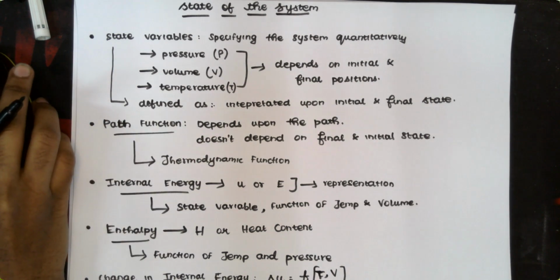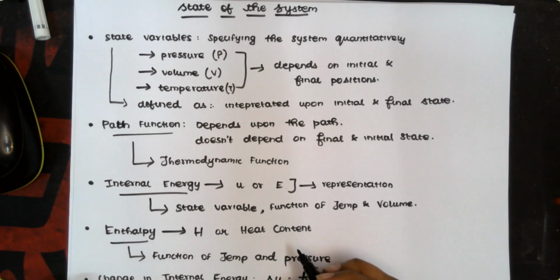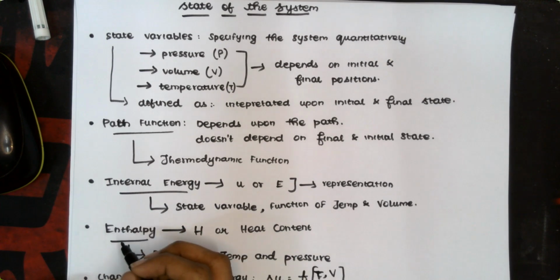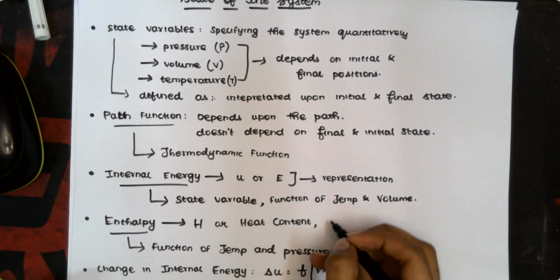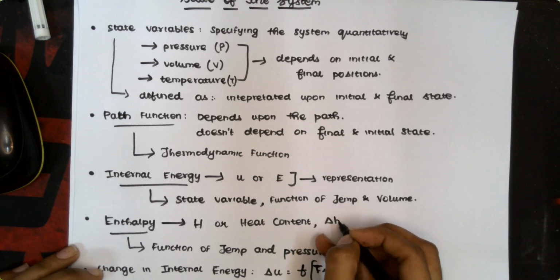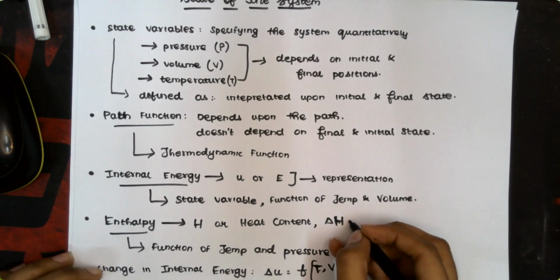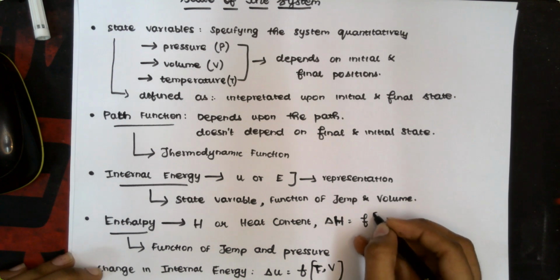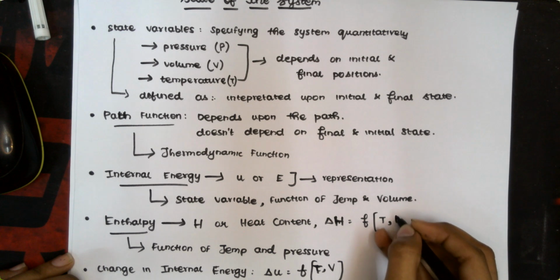And similarly, enthalpy is nothing but delta H, that is change in enthalpy. Capital H is a function, is equal to f of capital T and P. Are you able to follow now?